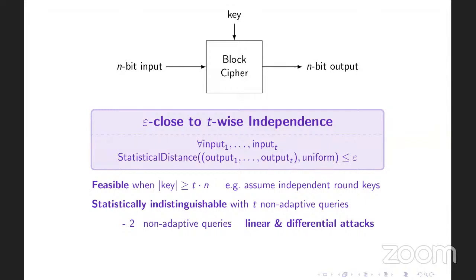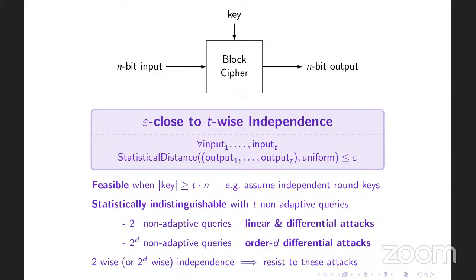So in some sense, these attacks can be captured by a distinguisher that makes only two queries. Similarly, order D differential attack can be captured by a distinguisher that makes 2 to the D queries. And therefore, T-wise independence would imply resistance to all these attacks and to any attack that relies on correlation among only T queries.